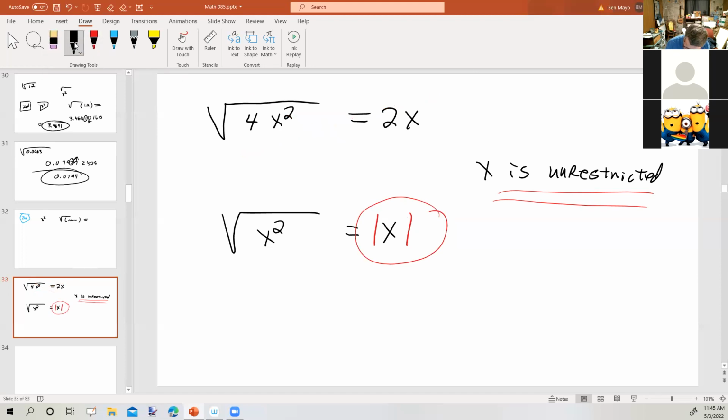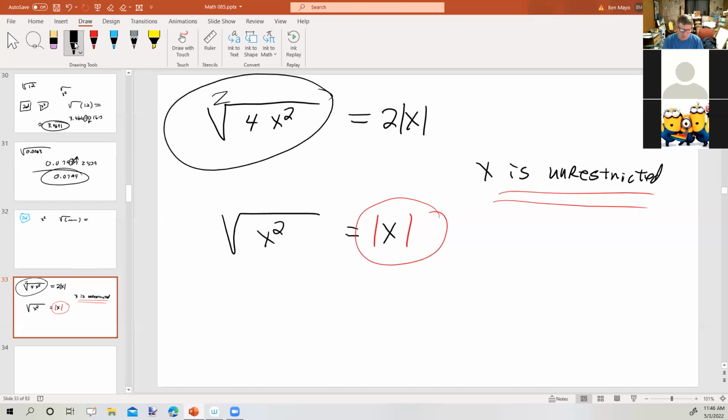So up here, the answer is 2 times the absolute value of x. Since I don't know if x is positive or negative or 0, I have to assure whoever that it isn't a negative number, because you can't get a negative answer when you're taking an even root.